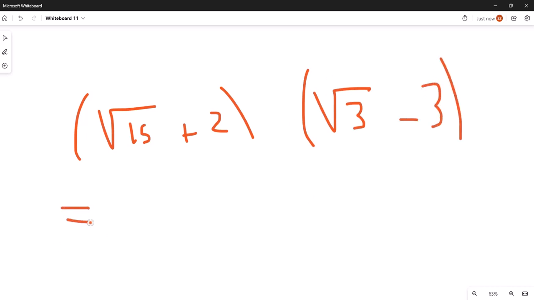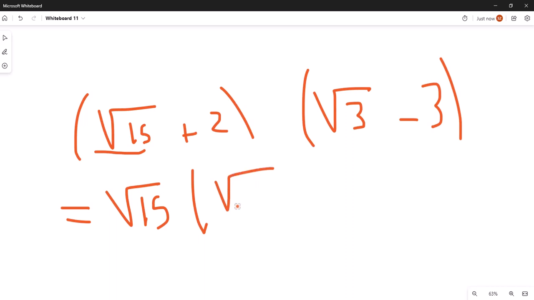So also pause the video and think about it for your practice. So now what we need to do, we need to multiply square root of 15 by square root of 3 minus 3, and we need to multiply 2 by square root of 3 minus 3.